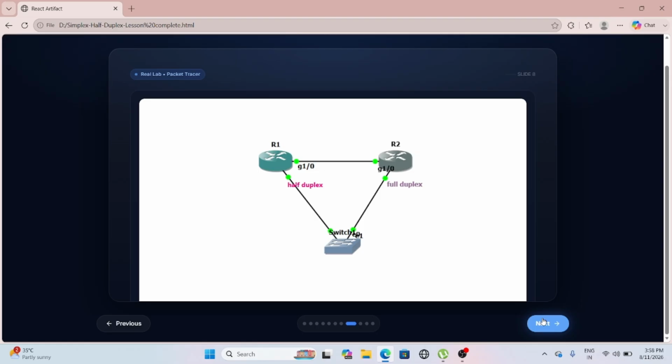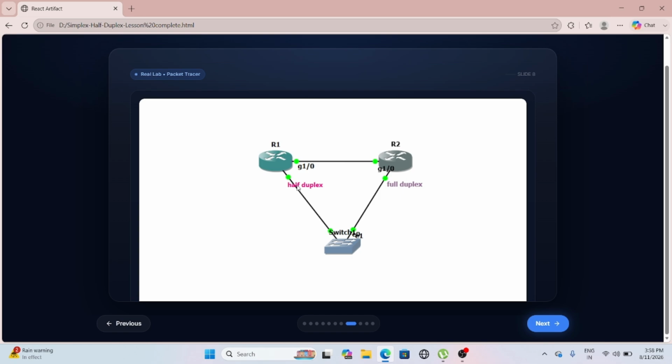So I have taken a GNS3 example to explain this. Now let's move from theory to a real networking environment. I have connected two routers in my lab with a switch, so we can observe the differences between half duplex and full duplex. I have configured this interface with half duplex.